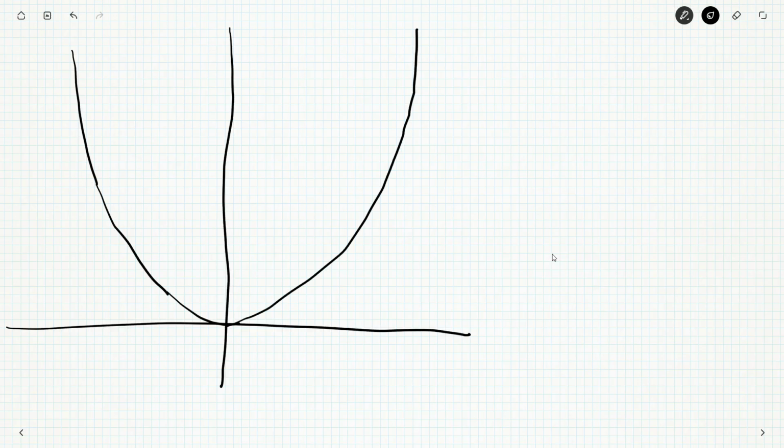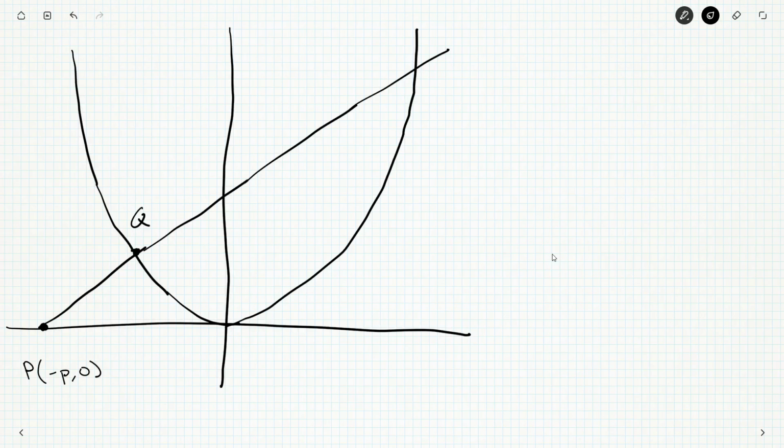It doesn't have to be super exact. It's our picture. We have P here. I'm going to say it's at negative p0. And it doesn't look like PQ and QR are the same, but that's okay. It's just a picture.